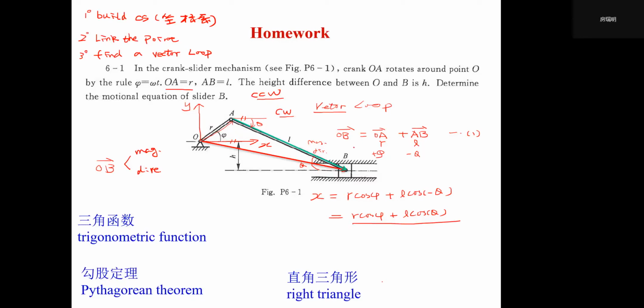The equal sign is just copied from here to here. So x equals, when we project onto the x-axis, we should always use the magnitude times the cosine of this angle. So we have R times cosine phi, plus, because we have a plus, L cosine of minus theta. You see?